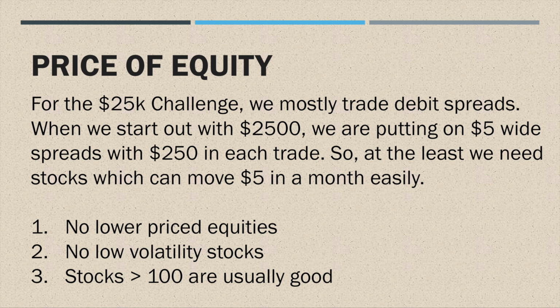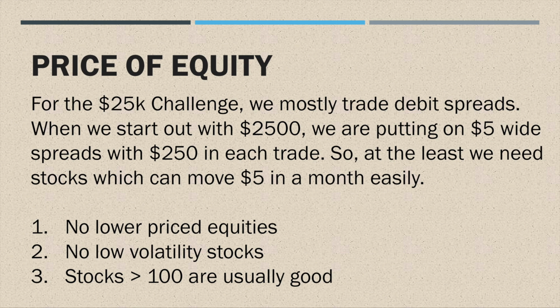With $2,500, you will notice that when I start out, each of my trades is risking $250 per trade. I can go up to 500, but I prefer 250 if possible. So, what can you get for $250? The math for debit spreads is really simple. A $5 wide at-the-money debit spread will usually cost you half of the width of the strikes, which is, if it's $5 wide, it'll be 2.5, and since options have a multiplier of 100, it'll be $250.